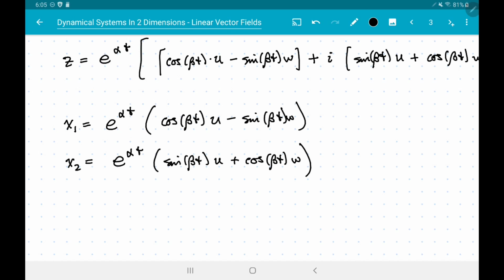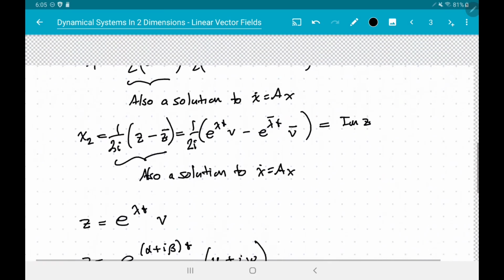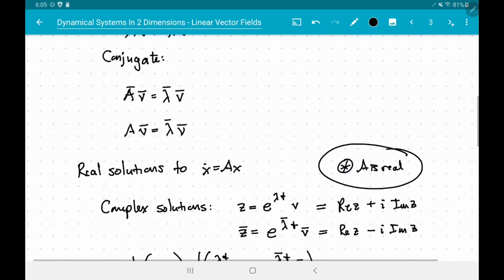So that gives us entirely real formulas for two independent solutions to the differential equation x dot equals Ax. Right, so we're still working with a real matrix A.